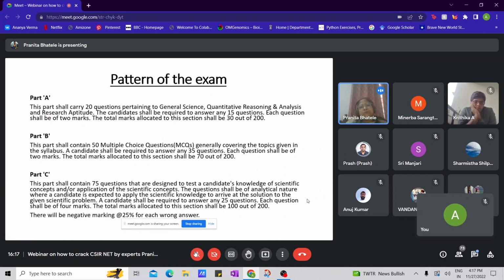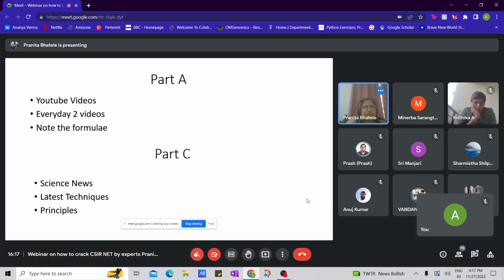In part A and part B, each question is 2 marks, so 30 plus 70, 100 marks over here. Coming to part C, it gives you a lot of choice. Out of 75, you have to attempt only 25 questions, but it is 4 marks for each question. So again, 100. So you know all this.